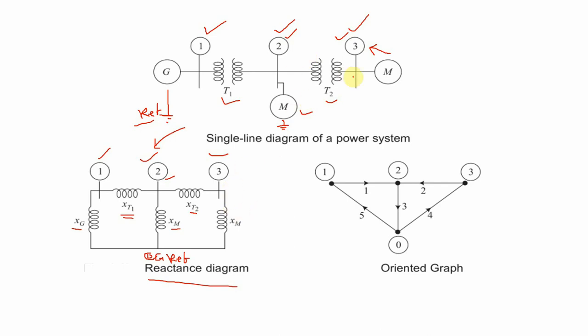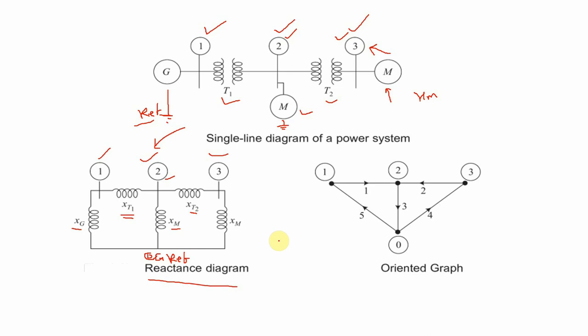Next one is node number 3. You observe here your motor is connected to node number 3 or bus number 3. So it is represented by Xm. So Xm is nothing but the reactance of the motor. This reactance of the motor is connected between the reference node and node number 3.